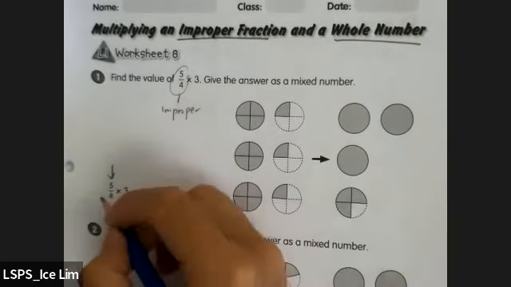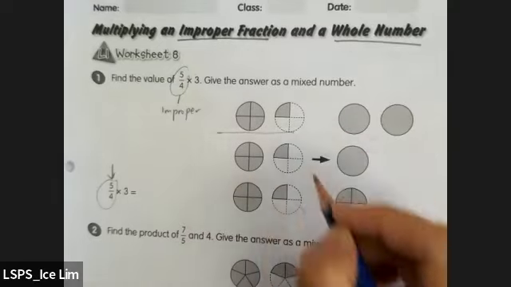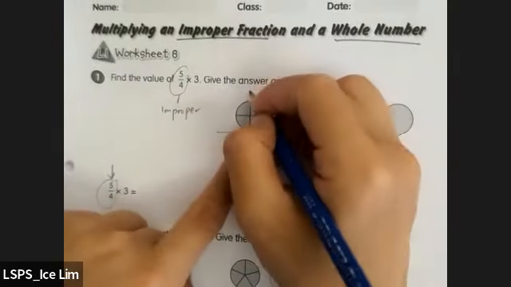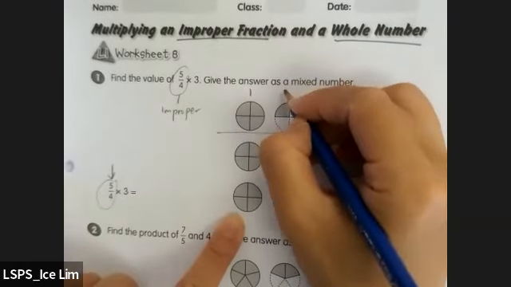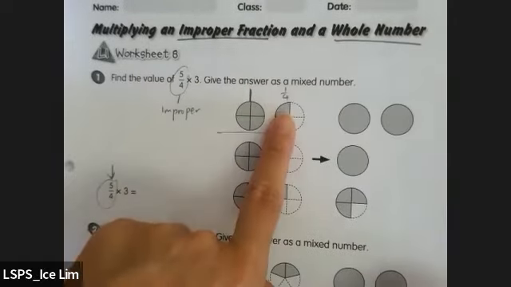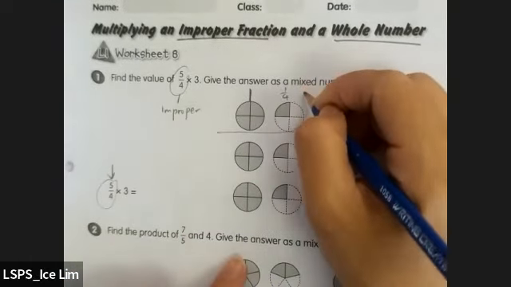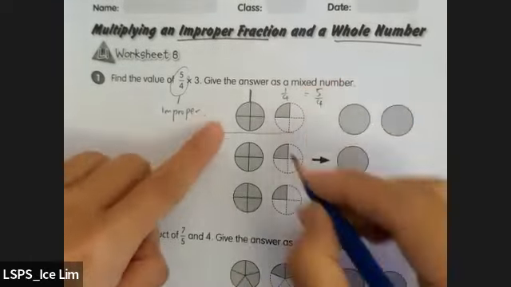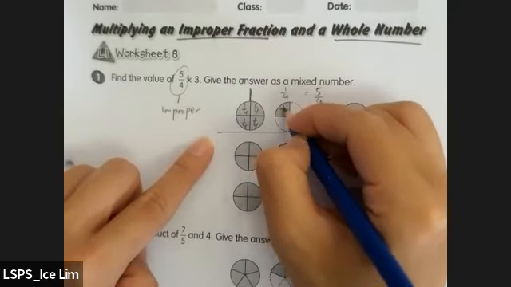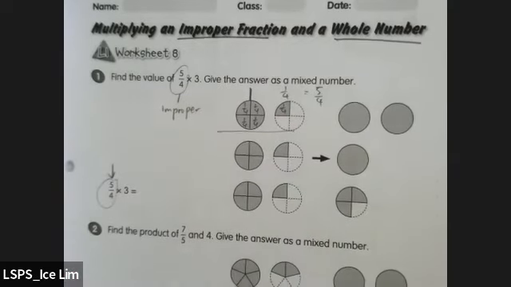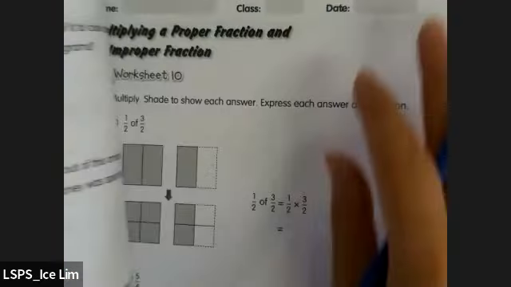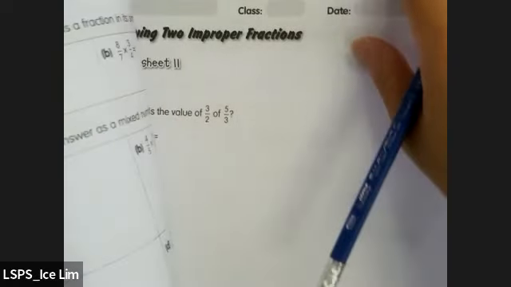For example, 5/4 is actually what we know as 1 whole and 1/4. 1 whole and 1/4 is actually 5/4, because 1/4, 1/4, 1/4, 1/4, 1/4 makes 5/4.